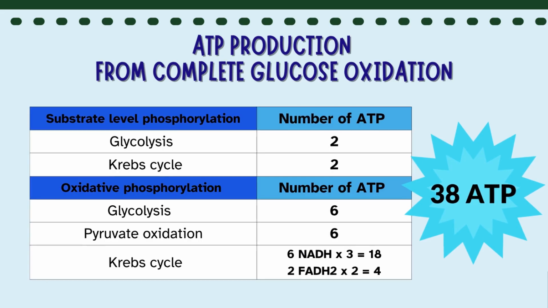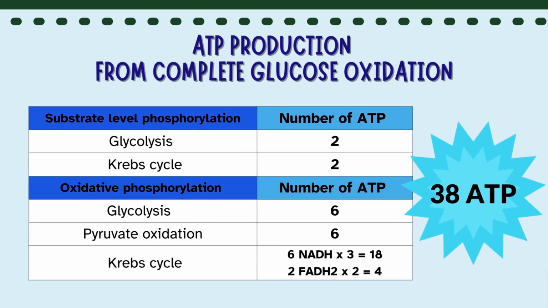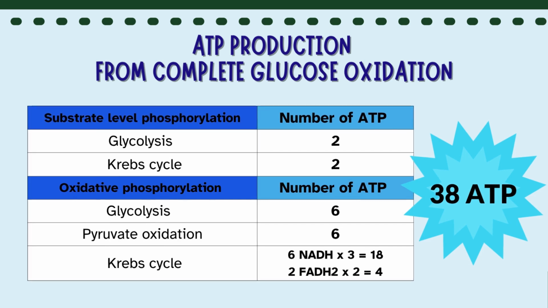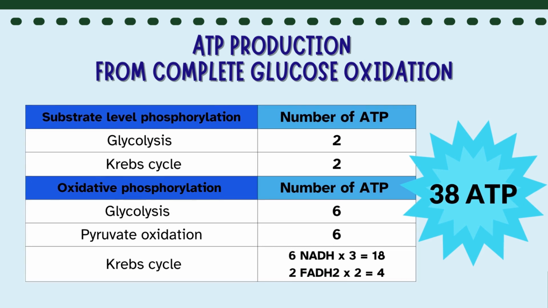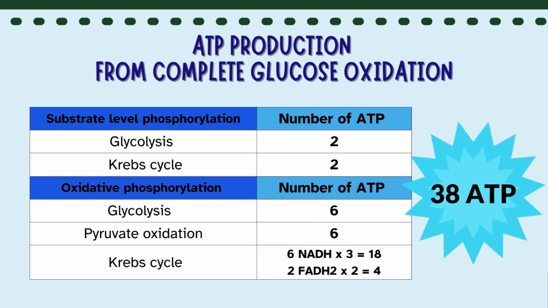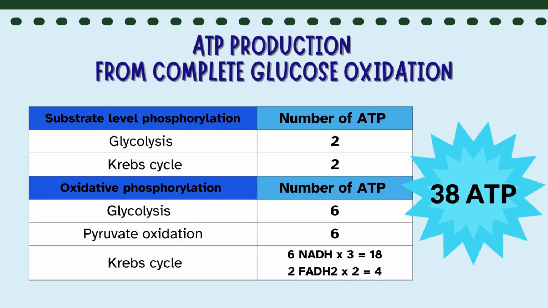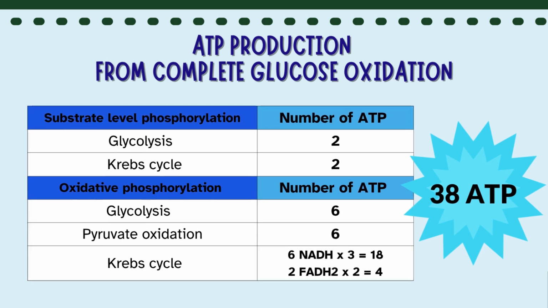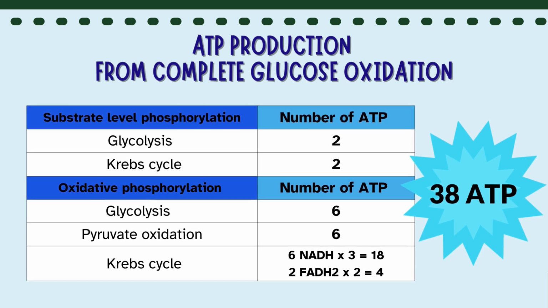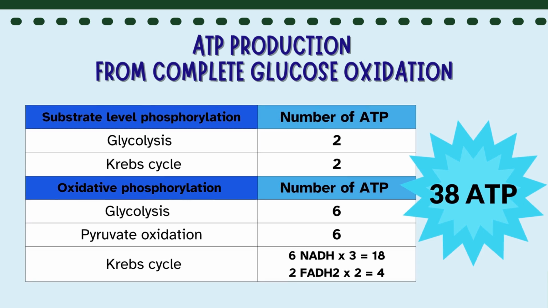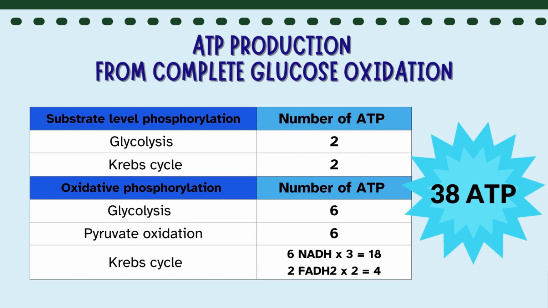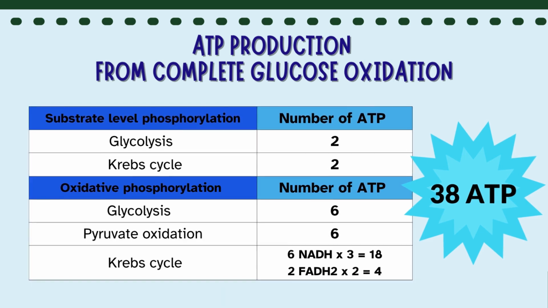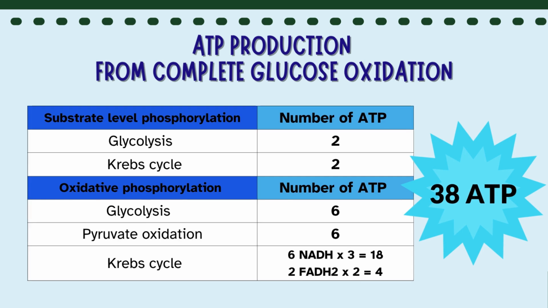Let's summarize the total ATP produced from the complete oxidation of one molecule of glucose. From substrate-level phosphorylation, 2 ATP are formed during glycolysis and another 2 ATP during the Krebs cycle. From oxidative phosphorylation, NADH and FADH2 donate their electrons to the electron transport chain to generate ATP. The NADH from glycolysis produces 6 ATP.